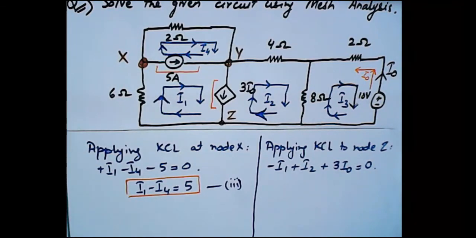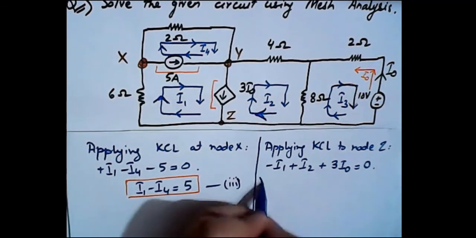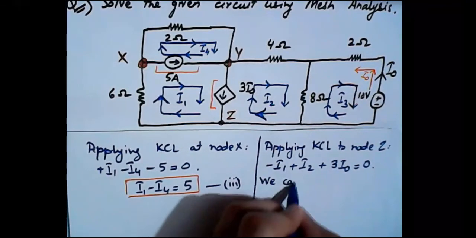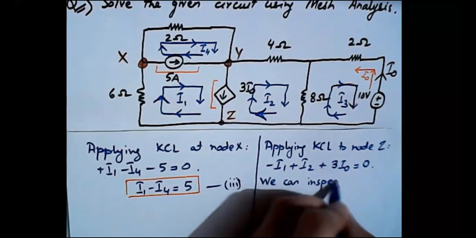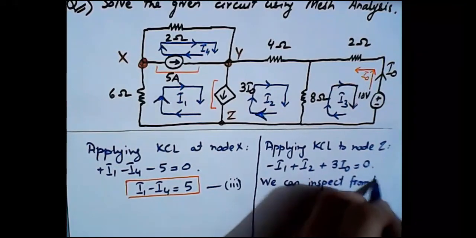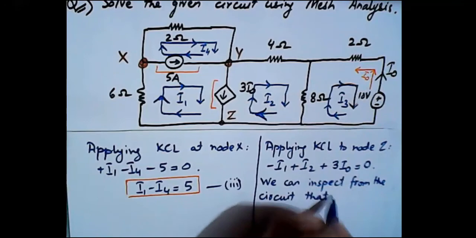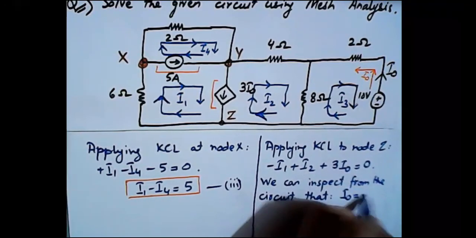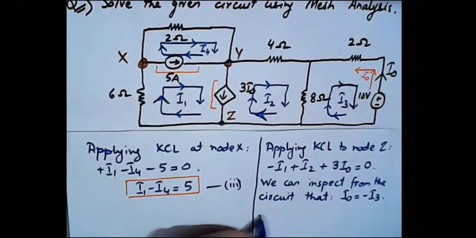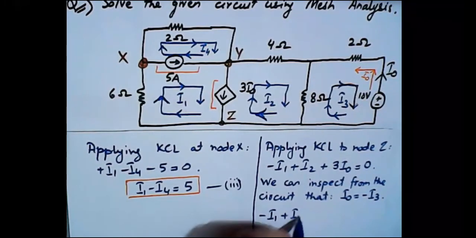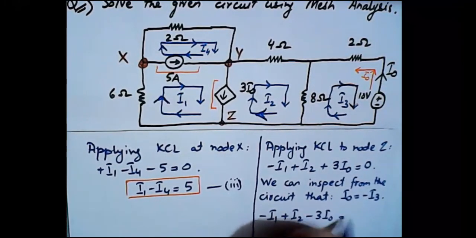And since I0 and I3 are opposite in direction, that means I0 will be equal to minus I3, right? So here we can inspect from the circuit that I0 is equal to minus of I3, which means minus I1 plus I2 minus 3I0 is equal to 0.